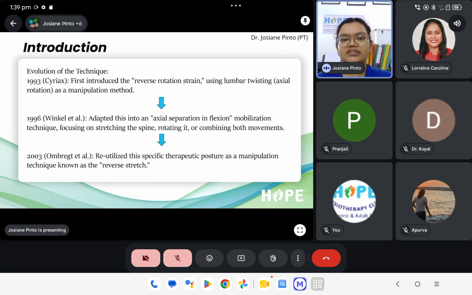So we started with reverse rotation strain, where you turn in the opposite direction to the symptomatic side, and then we added traction, basically axial separation. A few years down the line, in 2003, Ombregt et al. reutilized this specific therapeutic posture as a manipulation technique known as the reverse stretch.